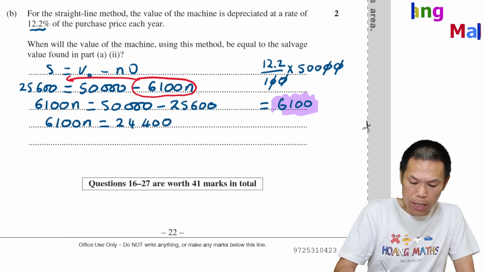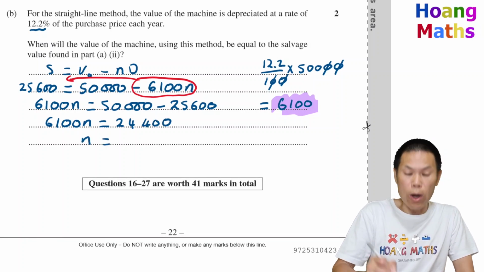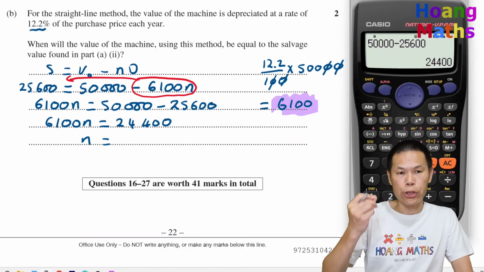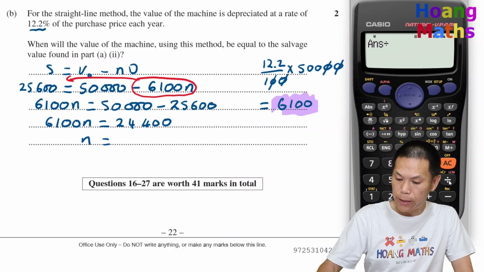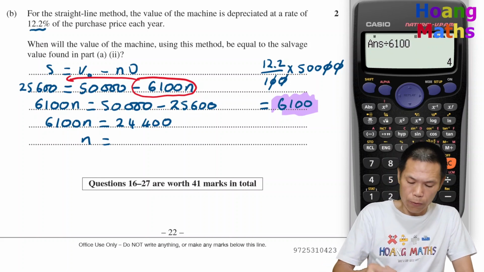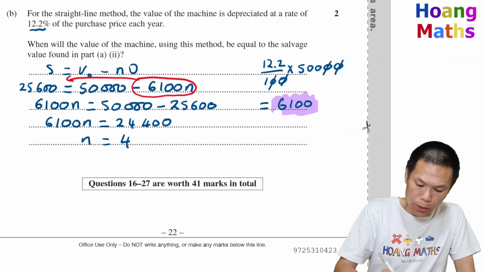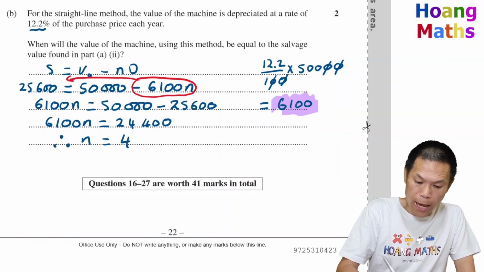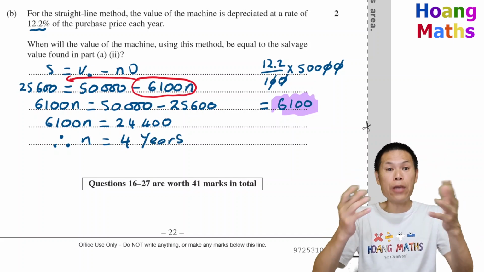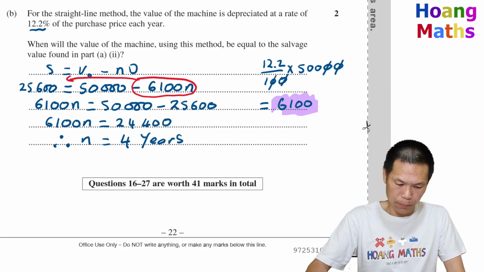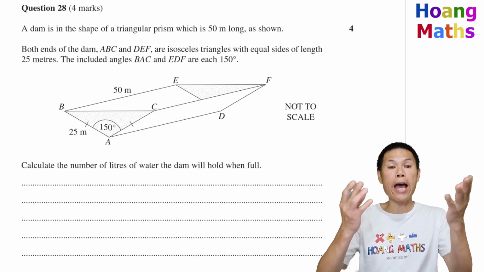And we divide by 6,100 on both sides. So n is 4. Therefore, n is equal to 4 years. There you go.